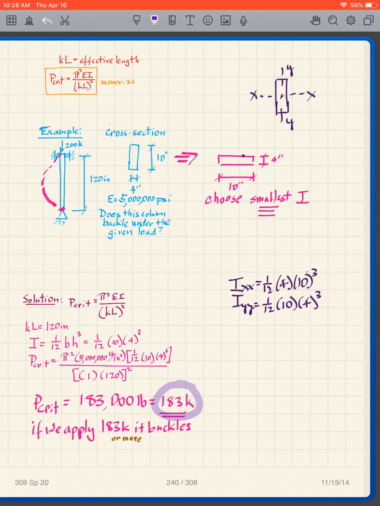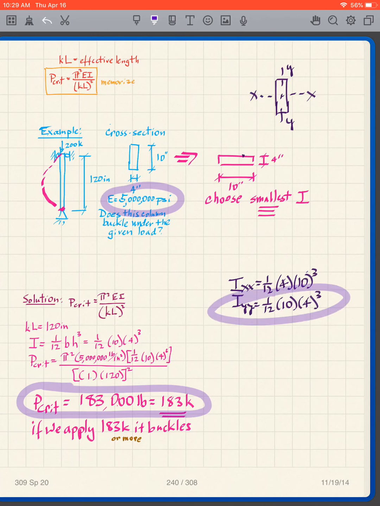And I get a P critical of 183 kips. Now, what does that mean? That means that if we apply 183 kips, that column buckles. One of the best ways to look at this is to think that P critical is a property of the column, the same way that E is a property of the column, and I is a property of the column.